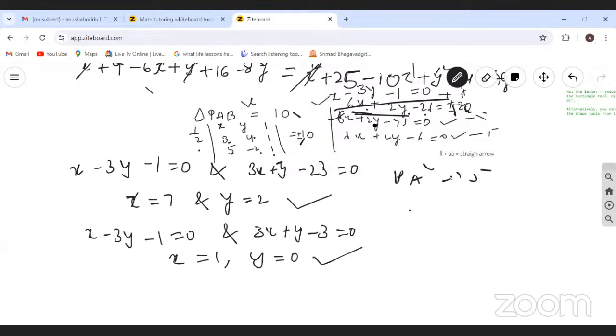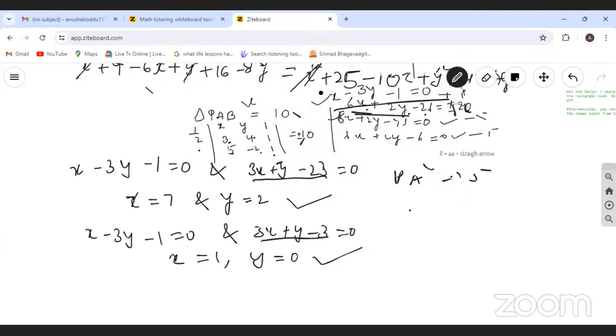After solving, you will get 6x plus 2y minus 46 is equal to 0 and 6x plus 2y minus 6 is equal to 0. You can take 2 as common in both equations. After that, you will get the equation 3x plus y minus 23 is equal to 0. This is one equation. And 3x plus y minus 3 is equal to 0. This is another equation.